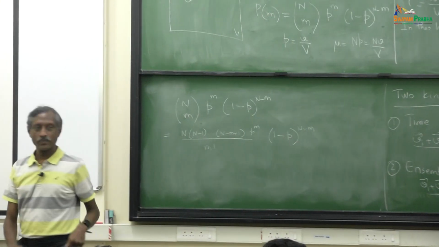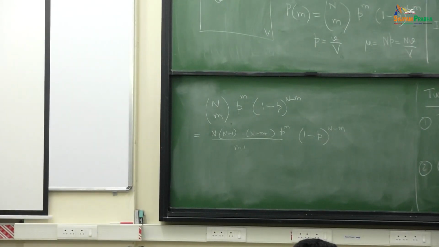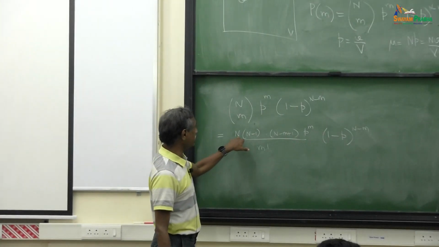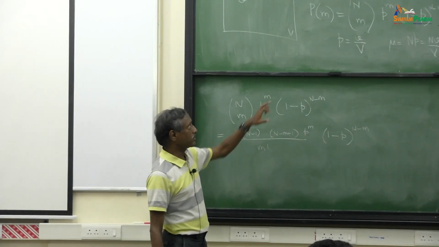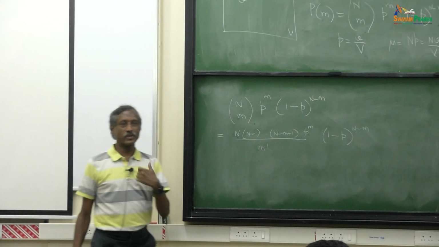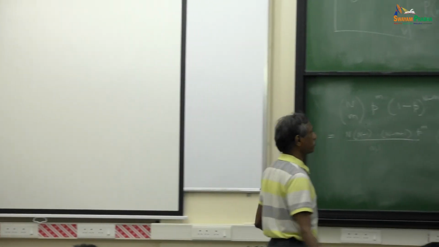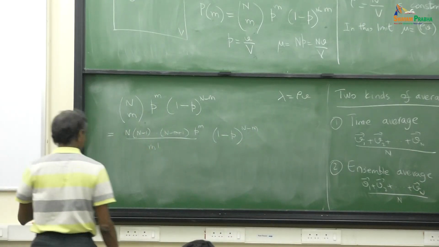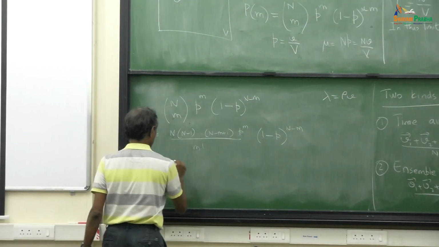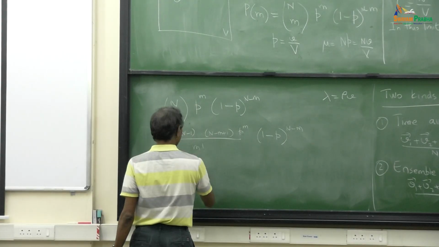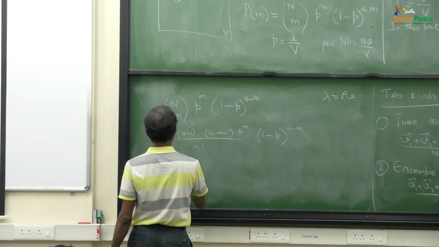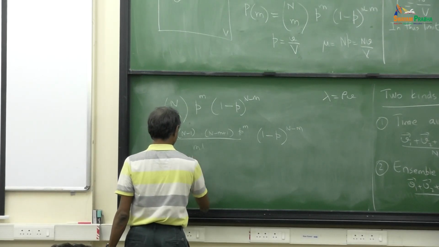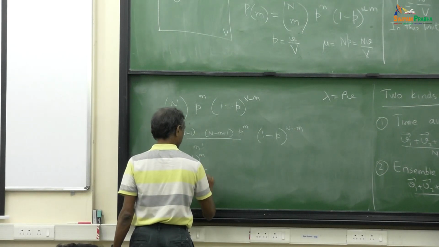This is what I have. So m is supposed to be some finite number, but capital N is going to infinity, and you can see that n times p, that combination, becomes lambda, and lambda for our problem is rho V. So we get approximately this.